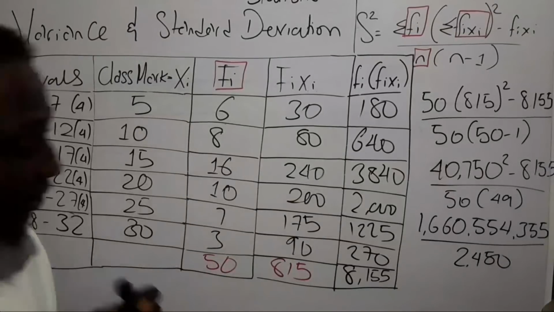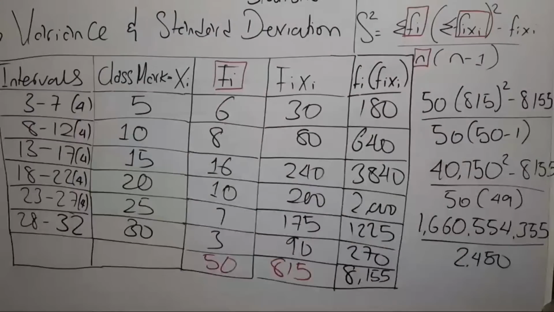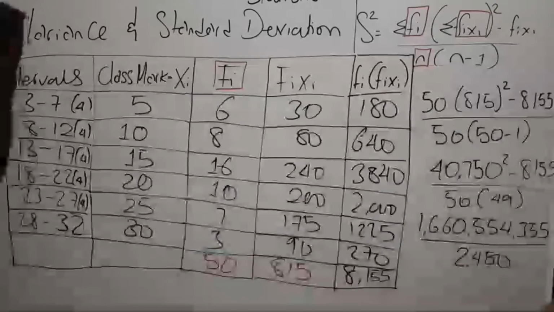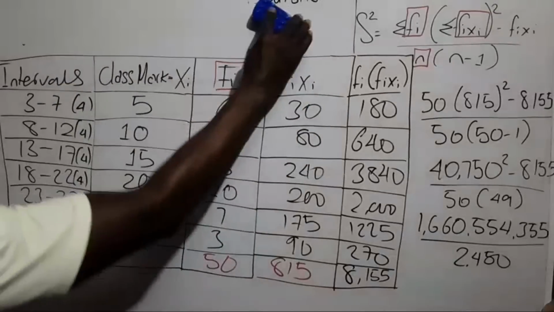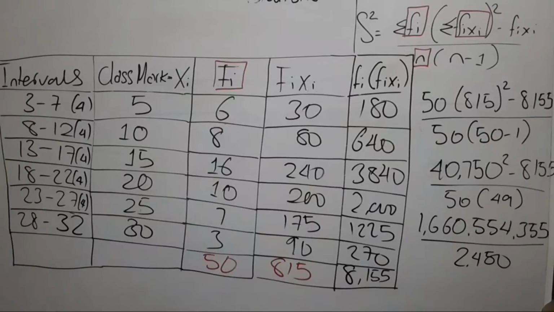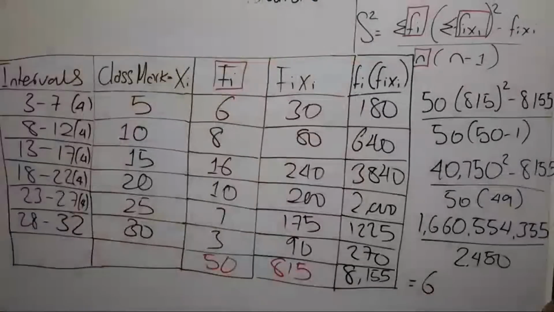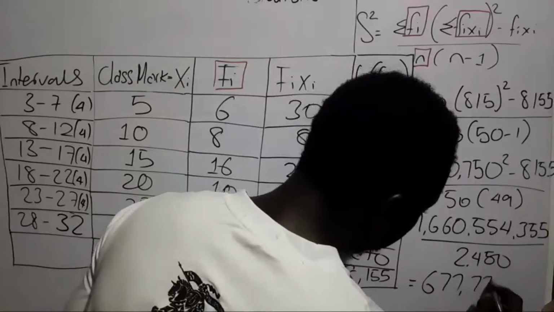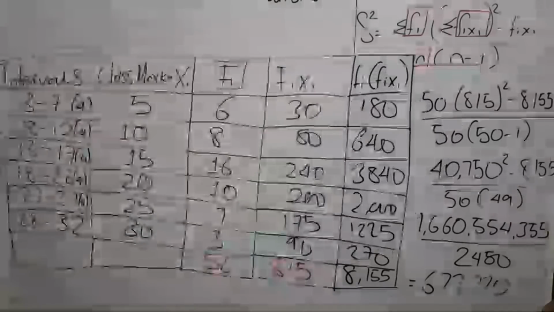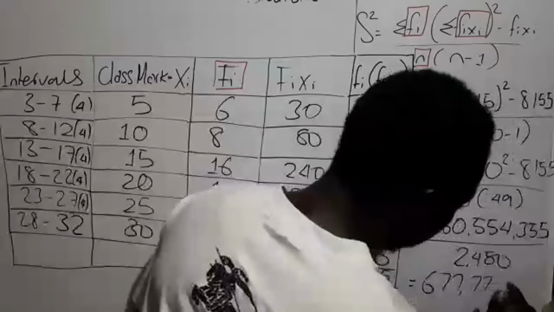So I should be having, for this division, something that looks like this. 677,777.